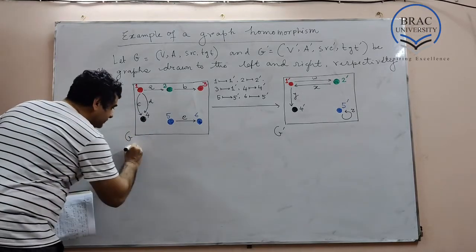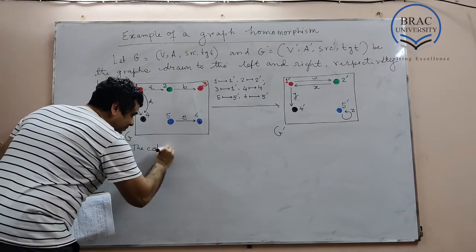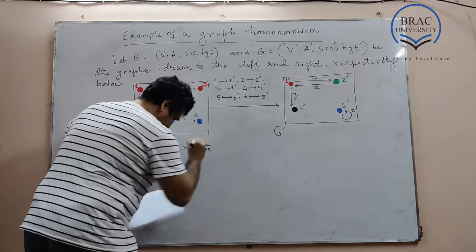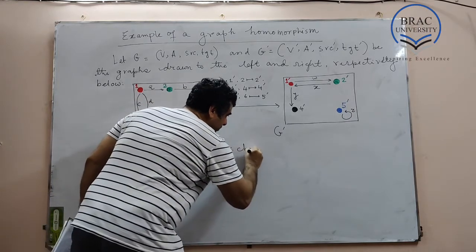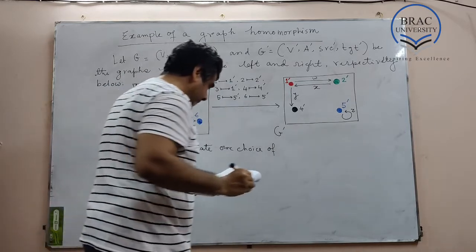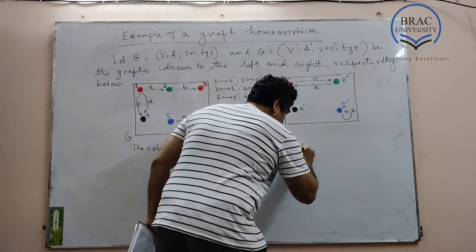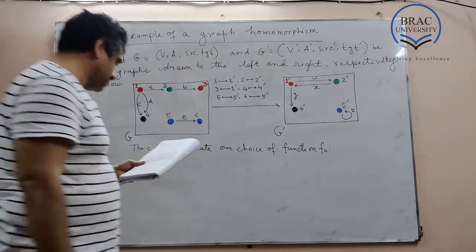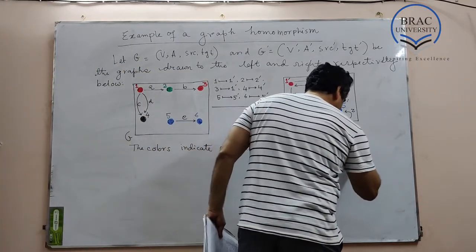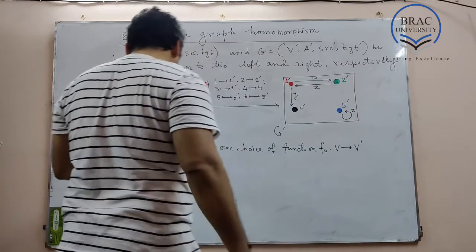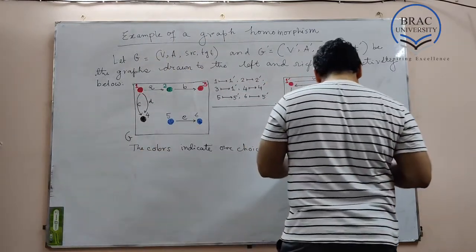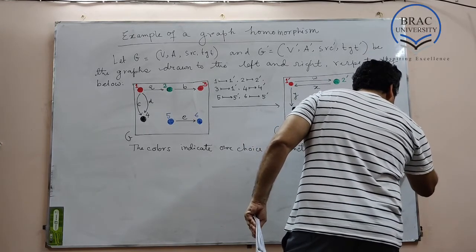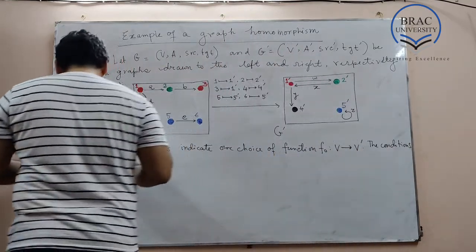The colors indicate our choice of function f0 from V to V prime, and the conditions for graph homomorphism.